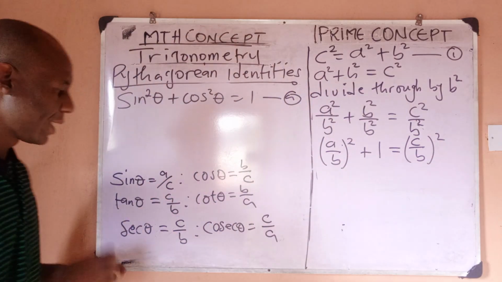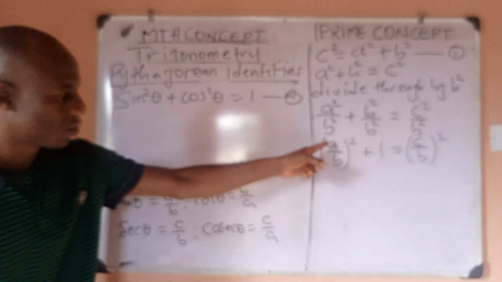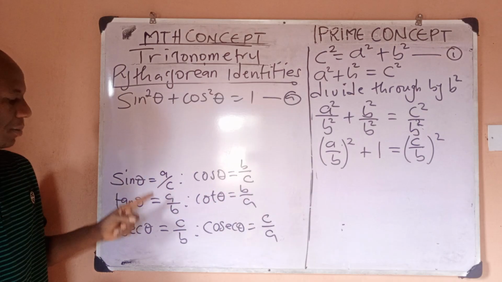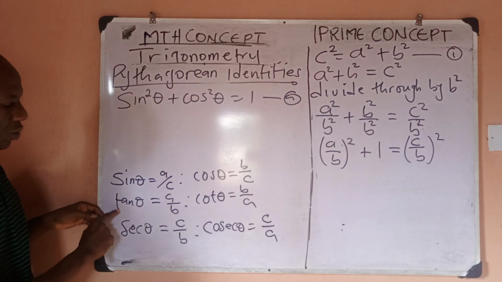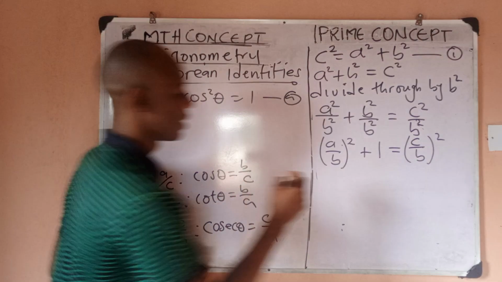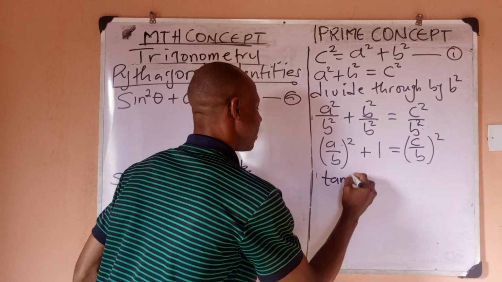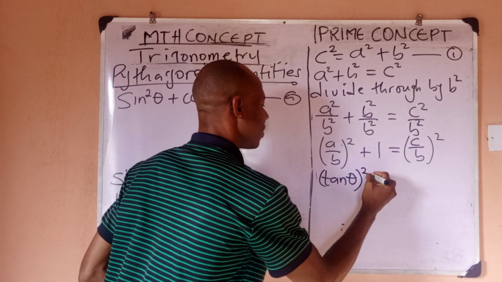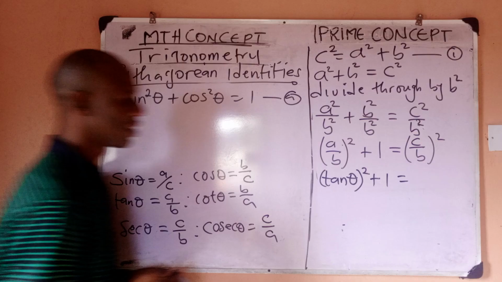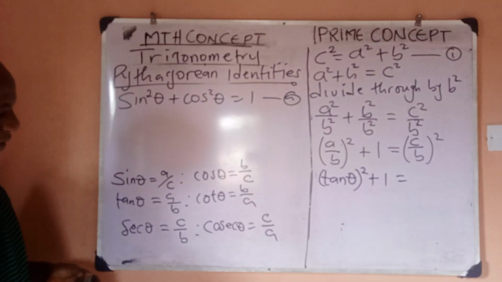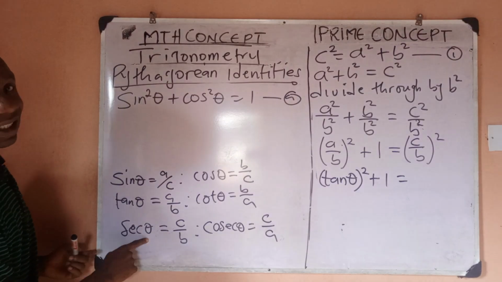Squared. So if I come here again, I'll check what is a over b. A over b is what? Tan θ. So I'll replace that. So I have tan θ all squared plus 1 equals, what is c over b? I'll check again. C over b is what? Sec θ.